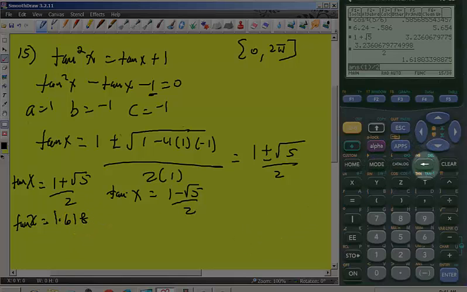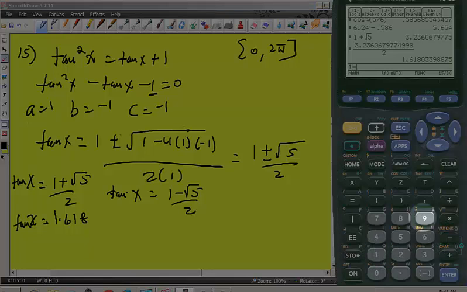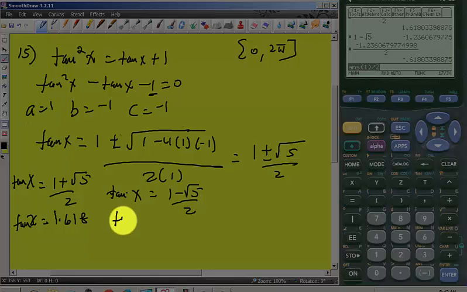And let's do the minus. 1 minus square root of 5, divide that by 2. And I get tan x is equal to negative 0.618.